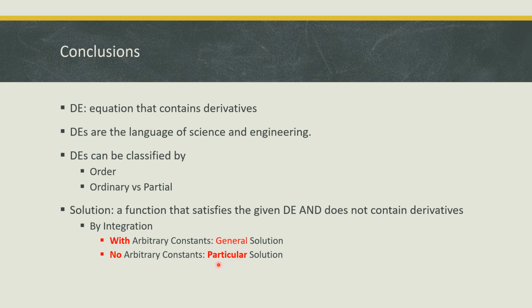In the succeeding videos, we will familiarize ourselves with differential equations with known solutions. So we will try to learn what many mathematicians and physicists and engineers before us have learned.